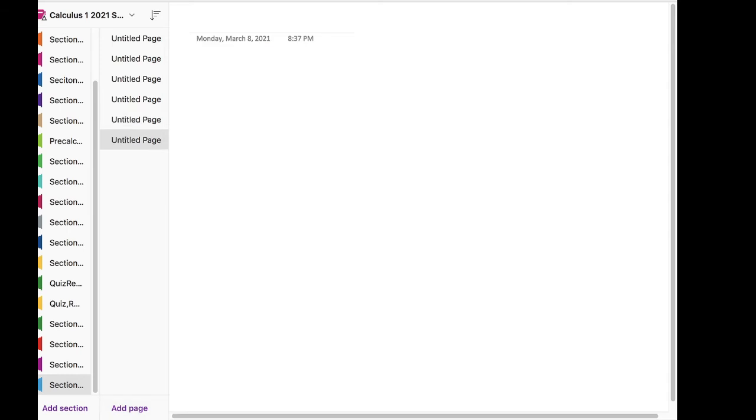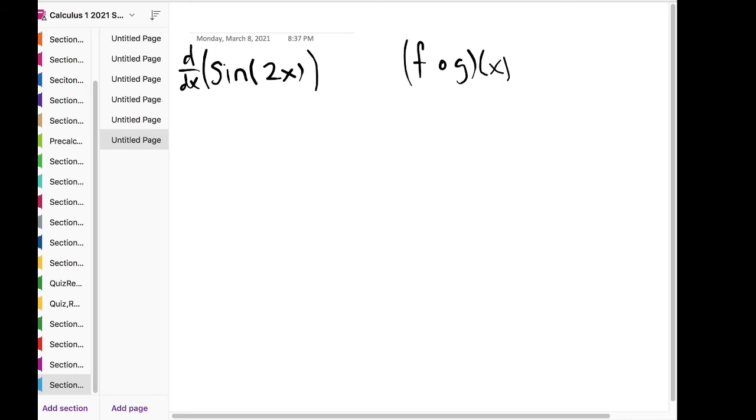Okay, let's do sine of 2x. So the biggest thing about the chain rule is to understand what a composition is. Can you write sine of 2x as f of g of x? Like in this picture, what is f of x? And what is g of x? So g of x is the function you plug in.